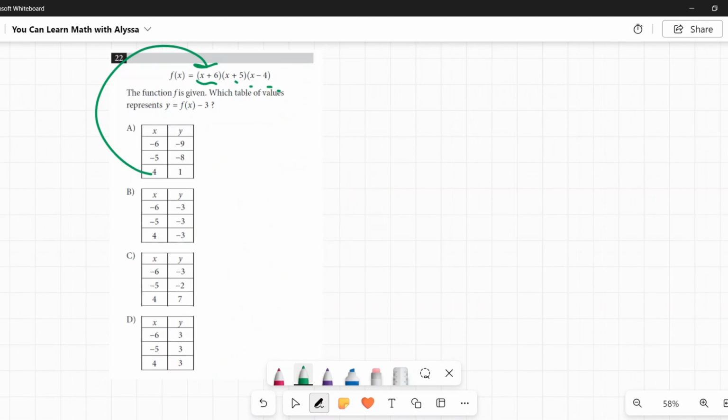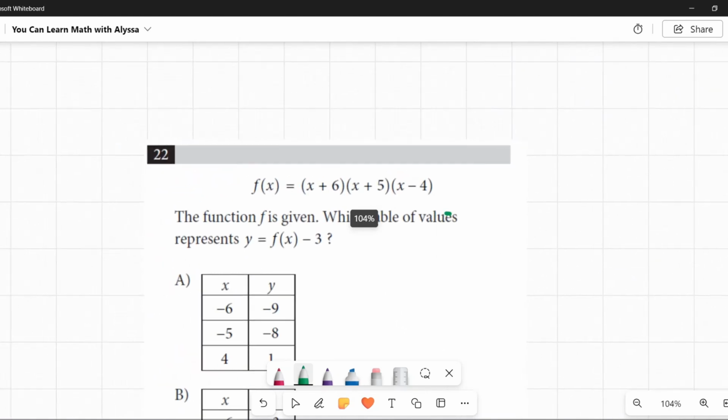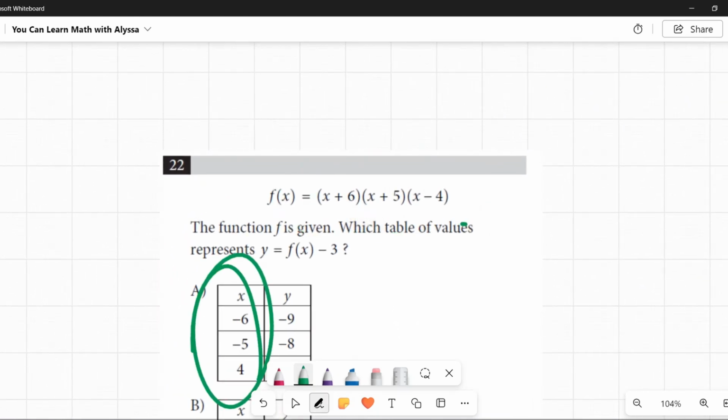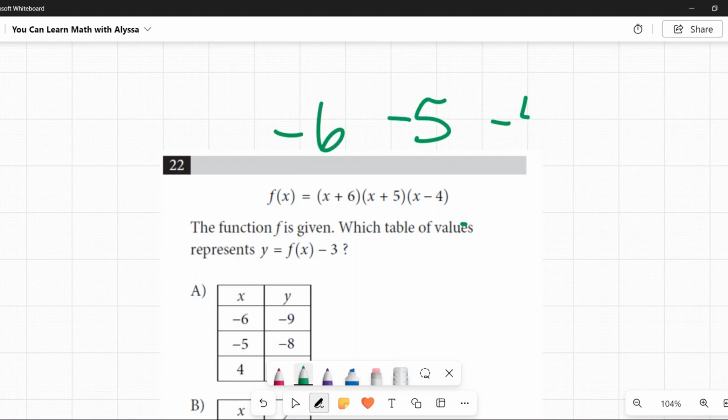There is an extra little trick for this particular one. If you look at it, you might have a little eureka moment. Look up here. We've got x plus 6 times x plus 5 times x minus 4. And they're asking to plug in -6 or -5 or, excuse me, 4. That makes a huge difference here.